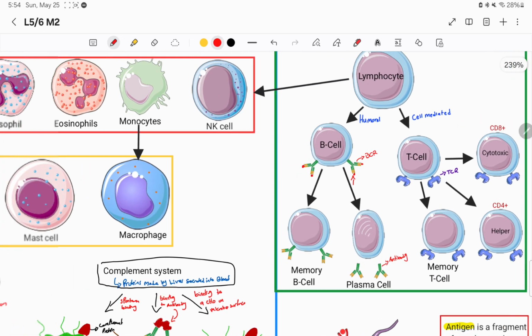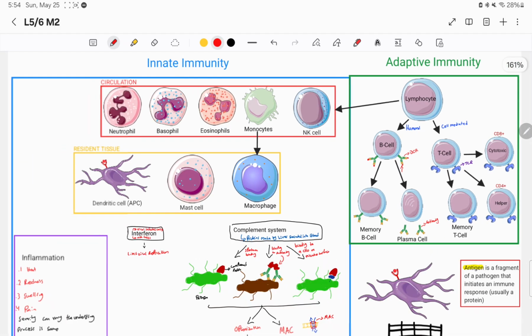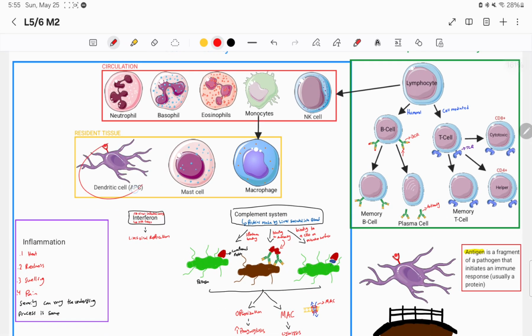Okay? The T cell, what about it? Can it see that antigen? No. So this is where our good friend the dendritic cell comes in, which I said has a function called antigen presentation.